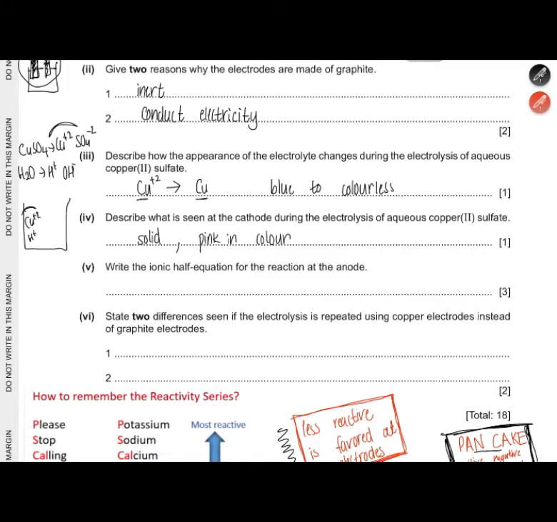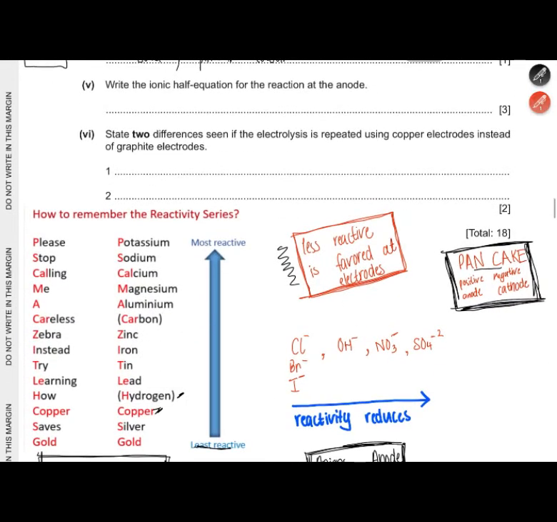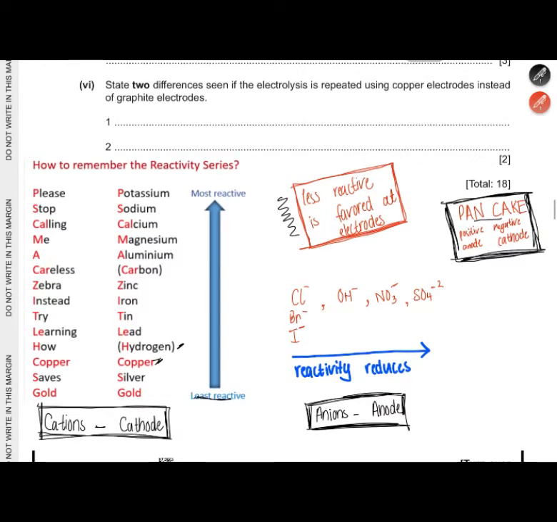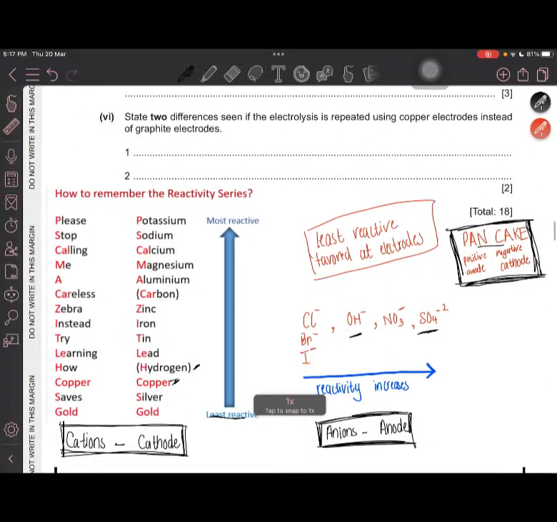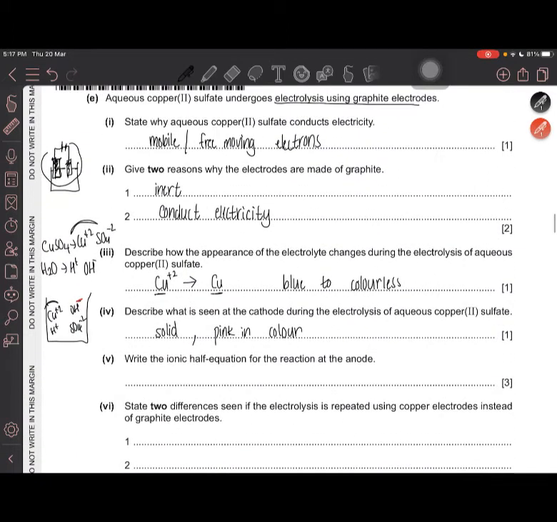Write the ionic half equation for the reaction at the anode. Now we have OH- and we have SO4 2-. Again, the less reactive is favored at the electrodes. OH- is less reactive than SO4, so OH- would be favored.